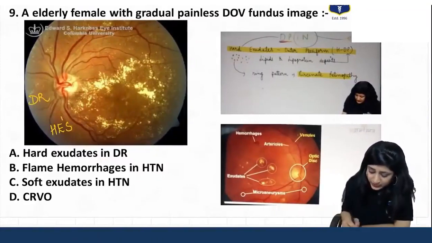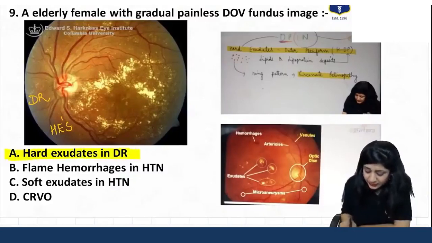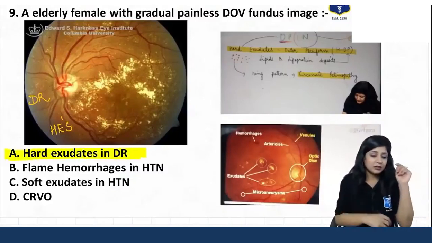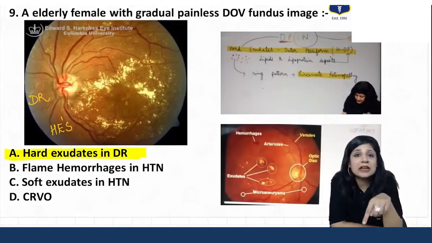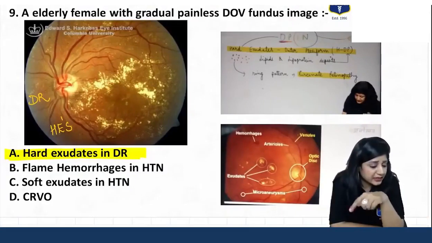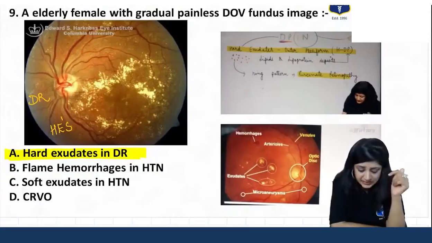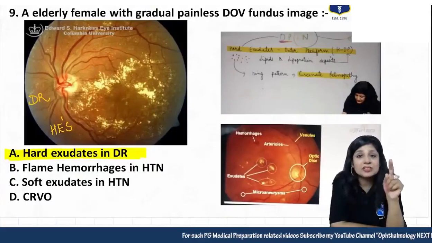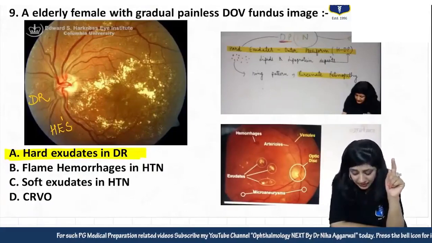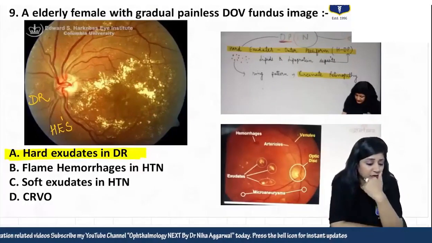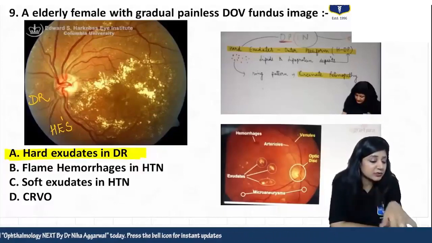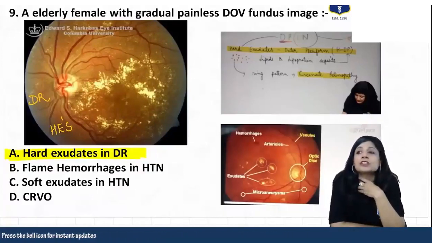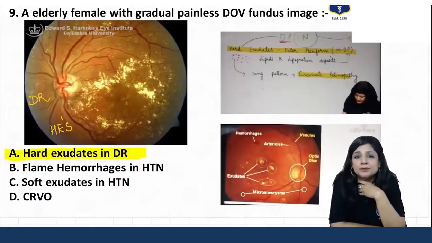So the answer to this question will be hard exudates in diabetic retinopathy. Was a similar kind of image asked? Because they said exactly the same options: hard exudates in diabetic retinopathy, flame hemorrhages in hypertension, soft exudates in hypertension, and CRVO. Why not other options? Why latanoprost? That is the safest one, the best one to be used as an anti-glaucoma drug.